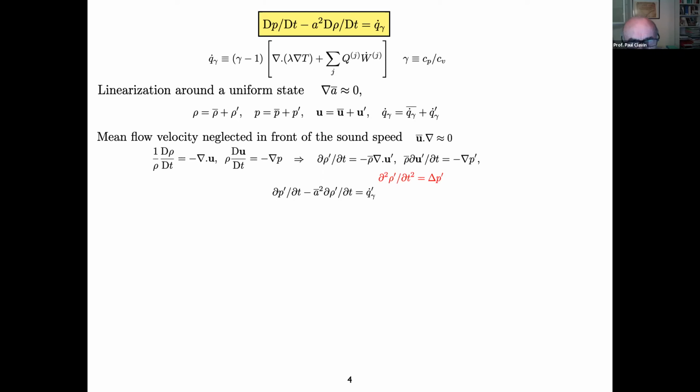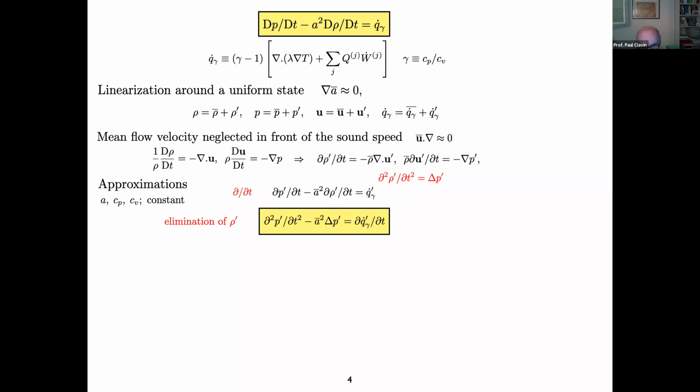On the left-hand side of this equation, you have the equation for the acoustic wave, the wave operator. And on the right-hand side, you have a source term, which is coming from the heat release, which is here.